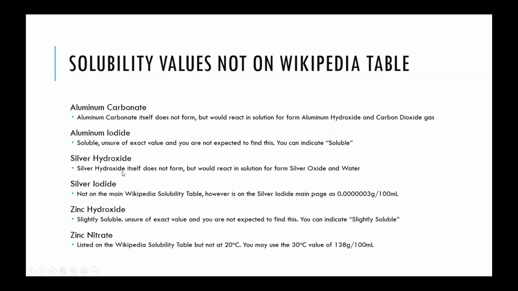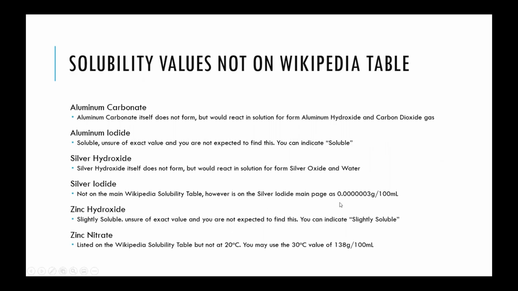Silver hydroxide is another compound that does not specifically form, but undergoes a reaction itself. In that reaction, it forms silver oxide and water. Silver iodide is also not listed directly on that Wikipedia table.